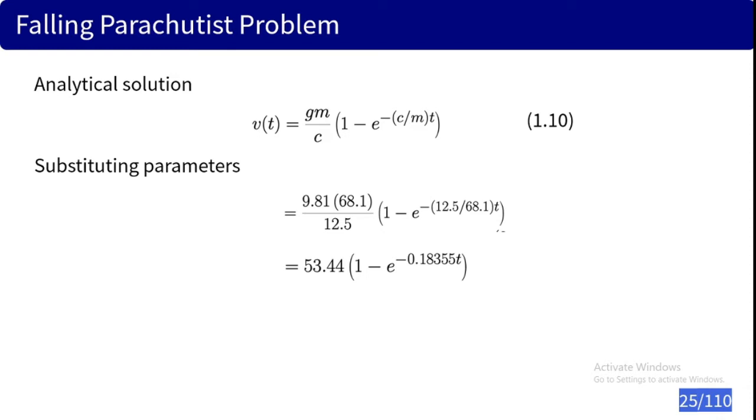So ato siyang ipang-substitute ng mga parameters, and we get nga ang value sa velocity at any time t is equal to 53.44 times quantity 1 minus e raised to the power of negative 1.8355t.